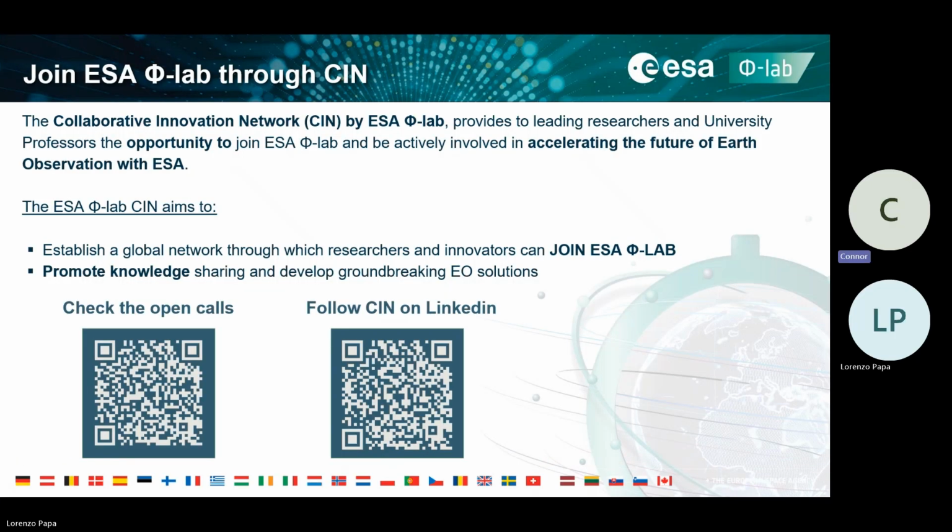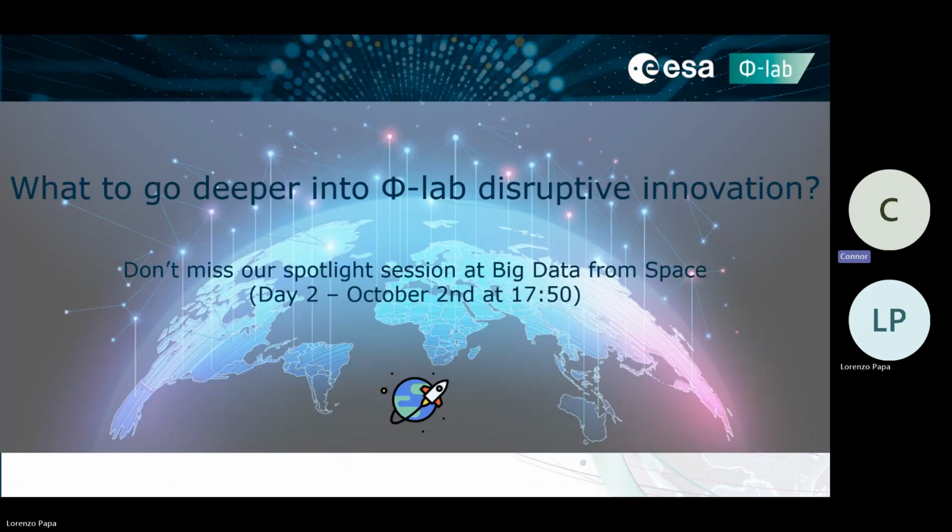Just coming back to this slide, in order to get in touch with the PhilLab, you can contact some of us, or we have the Collaborative Innovation Network, a system with which we have an overview of all the possible collaborations and try to manage all of them, also for visiting researchers or whatever.